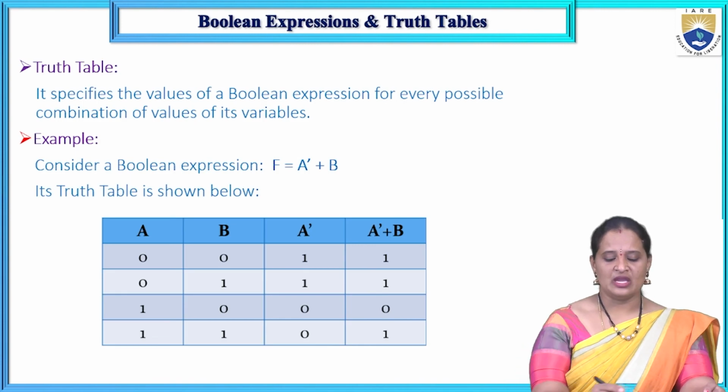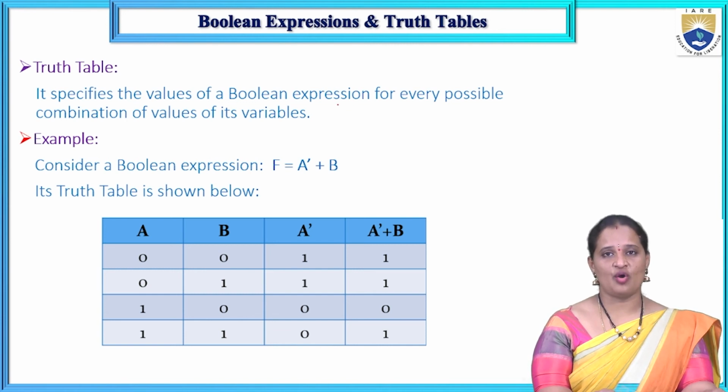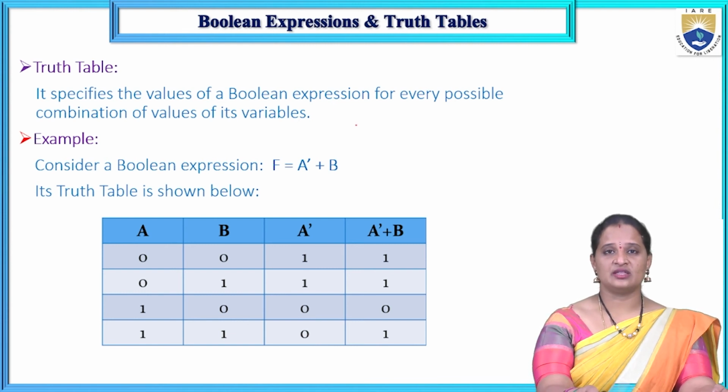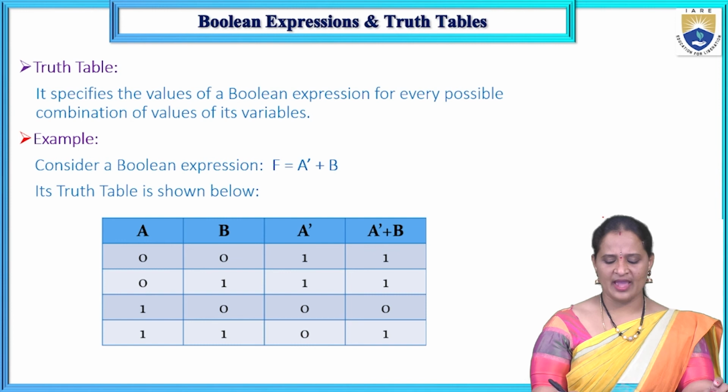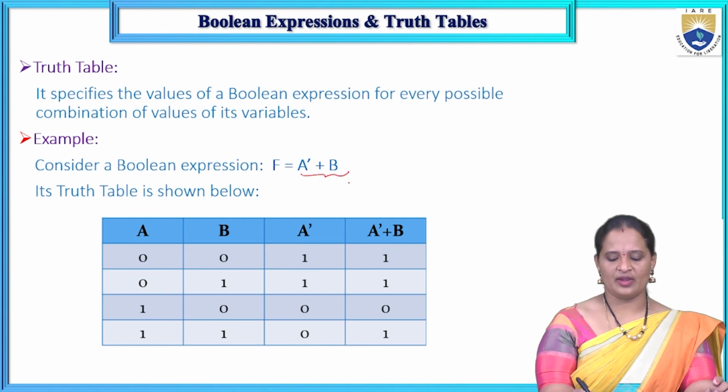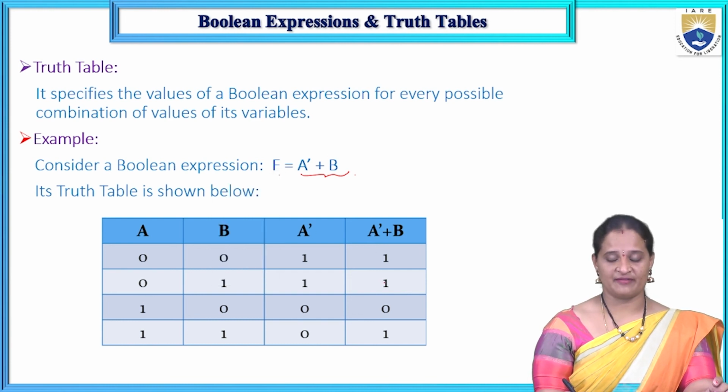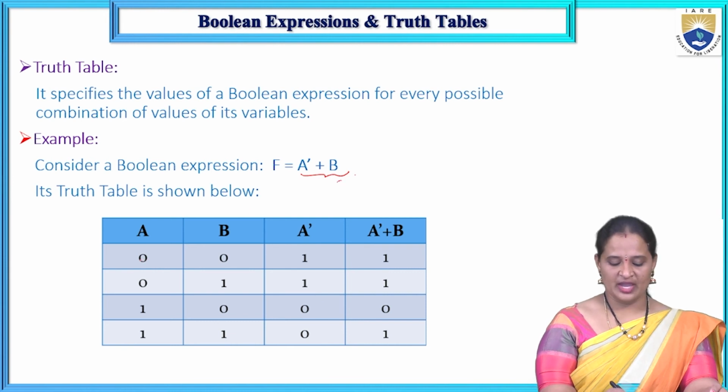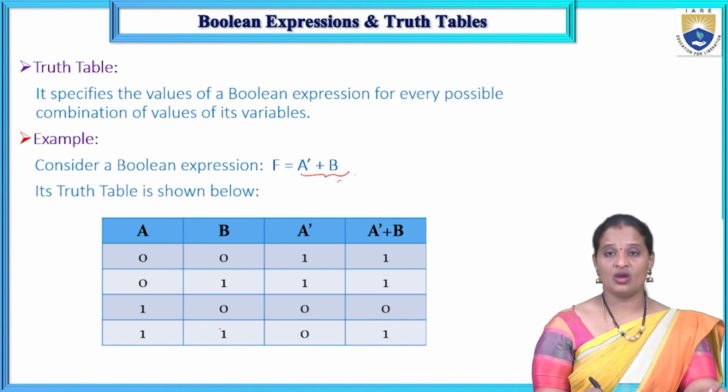Truth table, as already discussed, specifies the values of a Boolean expression for every possible combination of values of the input variables. This is the definition of a truth table. For example, a bar plus b is equal to f, and I want to evaluate the function f. I have two variables here, a and b, so I take four possible combinations: 0 0, 0 1, 1 0, 1 1.